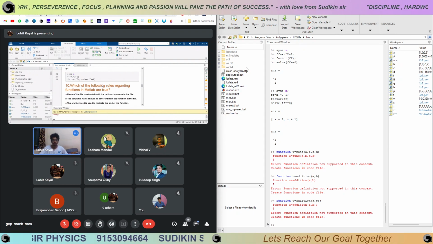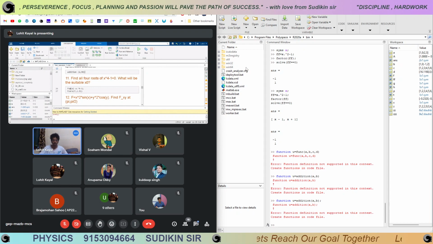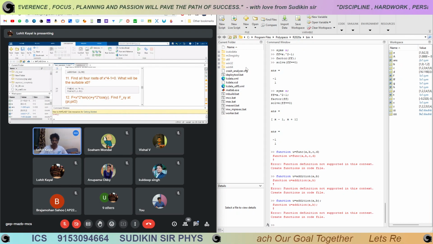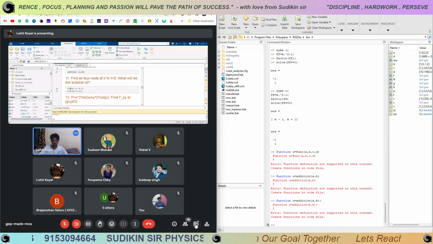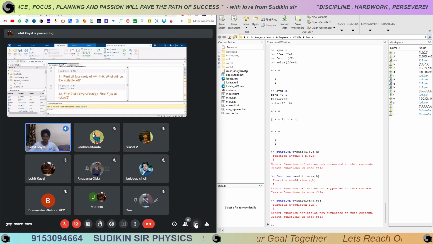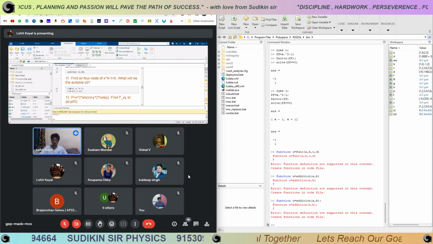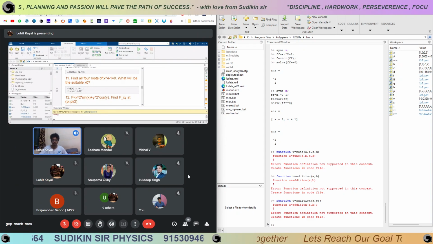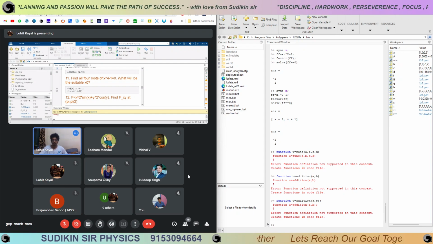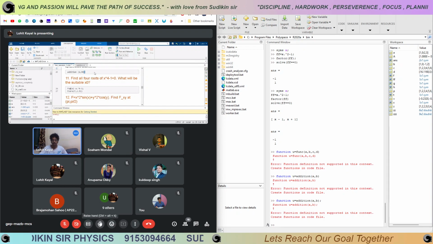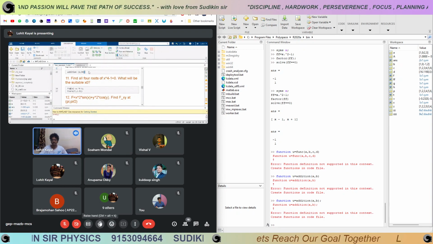Then again my run section. Where did it go? My computer is a bit slow, so it is taking some time. If you do it on a computer that is powerful, it will do it in some milliseconds.